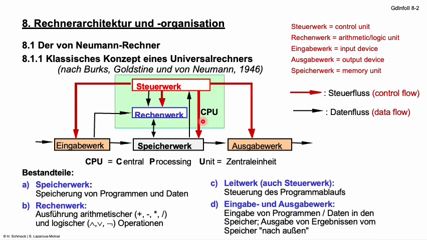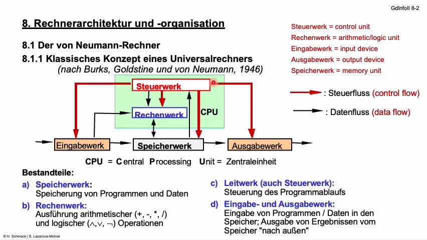In general, this is an electronic circuit that is responsible for executing the instructions of a computer program. It contains the control unit, Steuerwerk, and the arithmetic logic unit, Rechenwerk. Here I have the translations. It consists of these 2 parts, and it also has some registers that enable the operations.